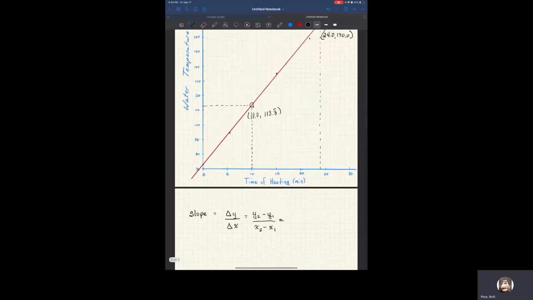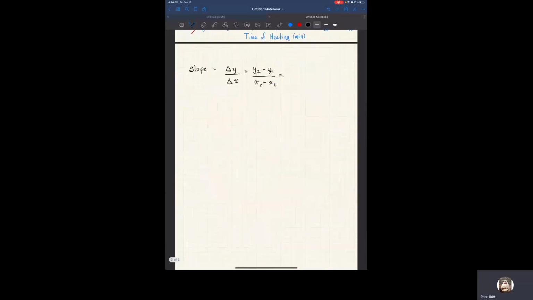And for my y values, I have 170.0 minus 113.3.